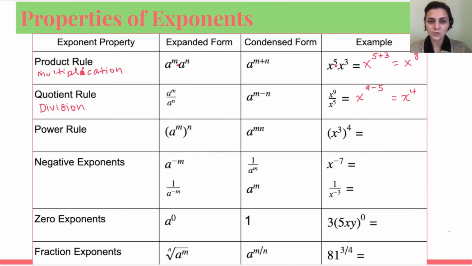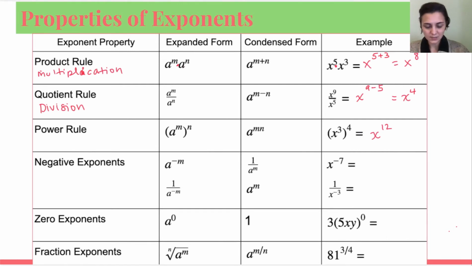Power rule is referring to when you are raising something with an exponent to another exponent. So you're raising a power to a power. What happens there is that you will multiply the powers together. Okay? So here we would multiply 3 times 4, which is x to the 12th power.